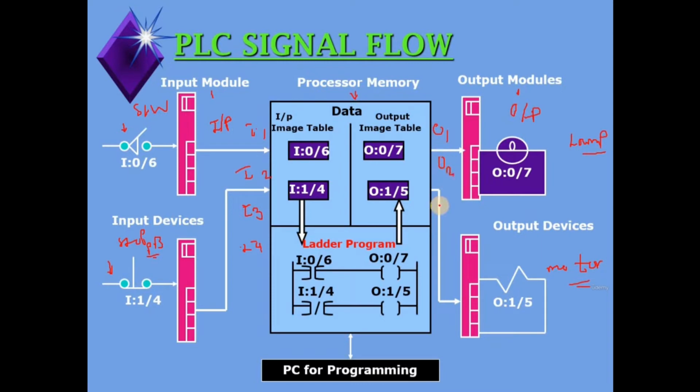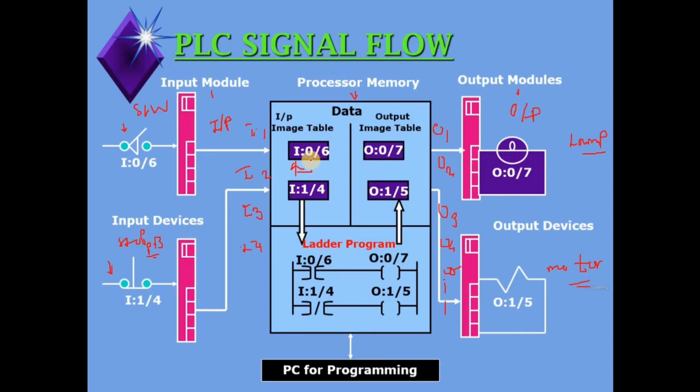Output 1, output 2, output 3, output 4, output 5, like this. Here you can observe I:0/6 and O:0/7. So this is the input address of your field input device.